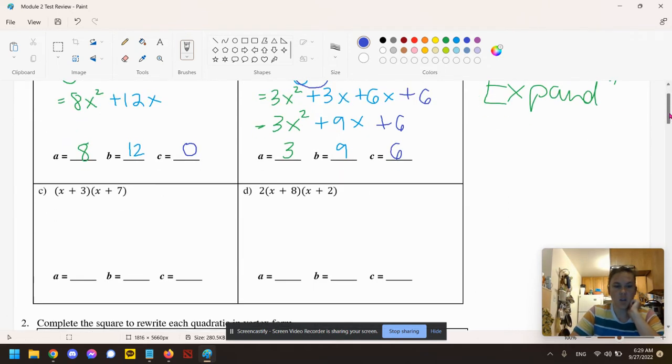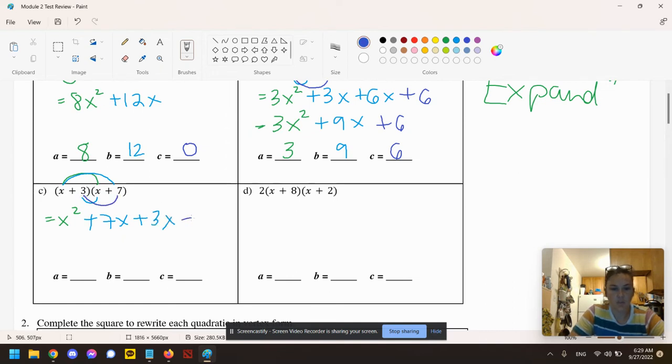Let's do that one again. x times x is x squared. x times 7 and 3x are both going to give us just x terms.